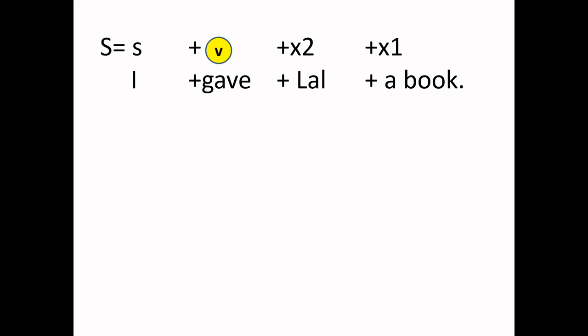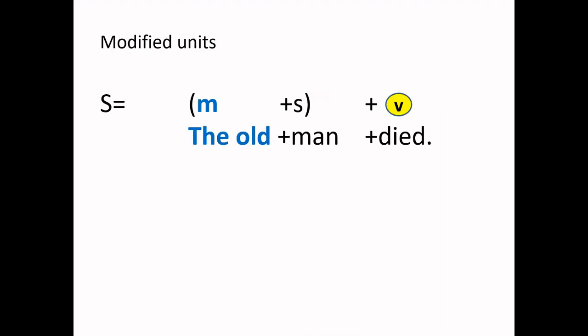Now those are the basic patterns, that is S equals S plus V, S equals S plus V plus X, then S equals S plus V plus X2 and X1. There are alternative patterns which will be discussed later. Then we move on to the next stage of single units, that is modified units.